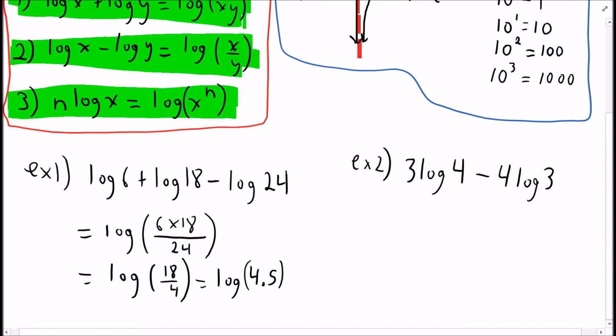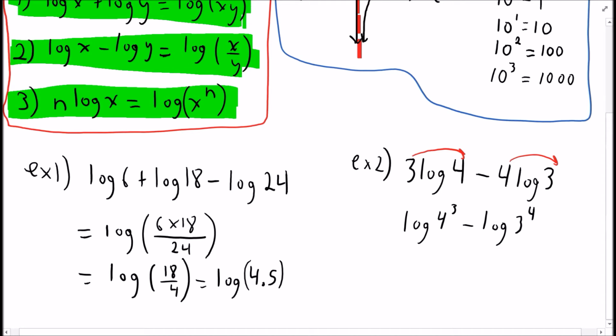So if I want to evaluate this one, what we're going to do is move the exponents up. We're going to use the third rule here. So these numbers up front will become the exponent. I'm going to move both of them up. So that becomes log of 4 to the power of 3 minus log of 3 to the power of 4.